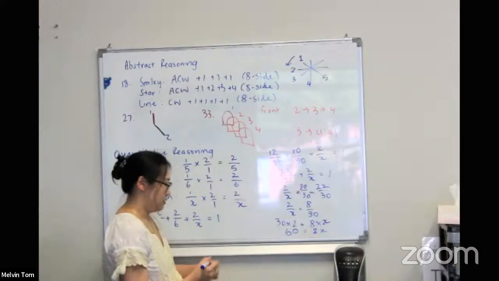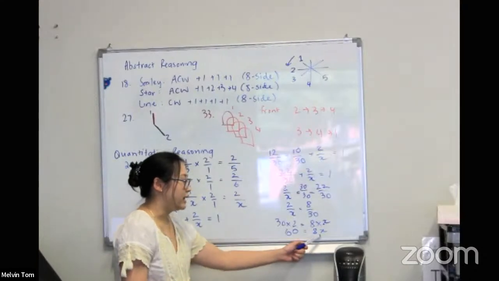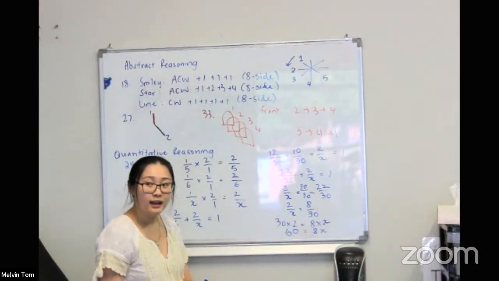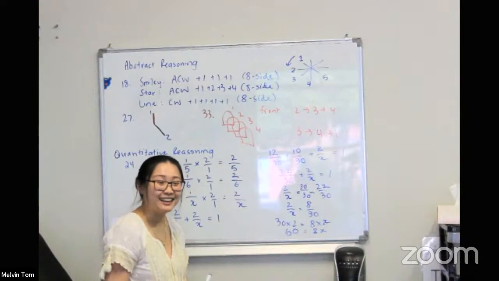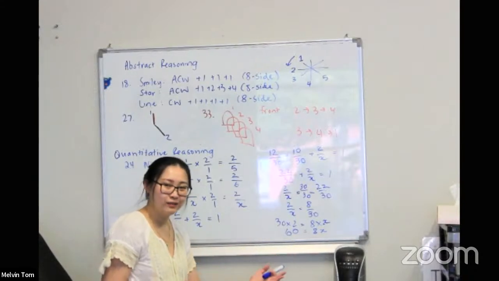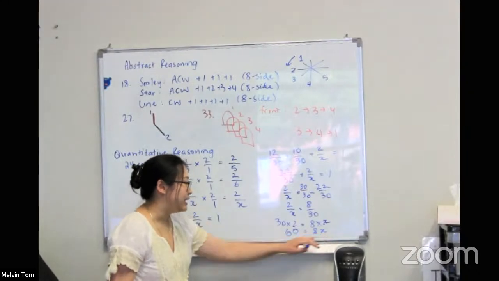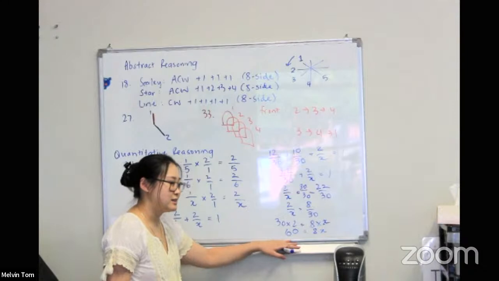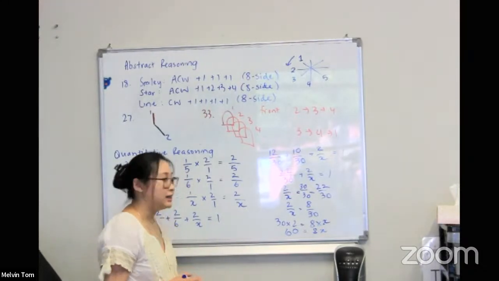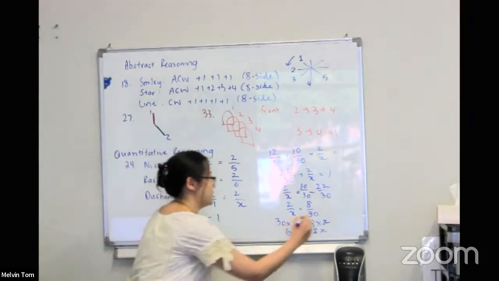So then to make the x by itself, we divide both sides by 8. What's 8 over 8? 1. We want to make this x a 1, right? But if you're dividing this side by 8, you have to do it on the other side too, right? So I put 60 divided by 8. 7.5. So x is 7.5.